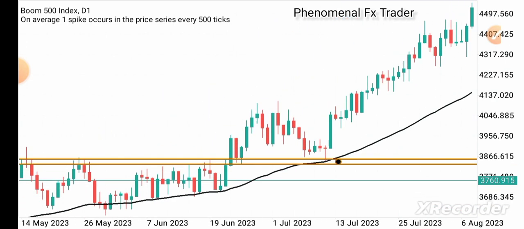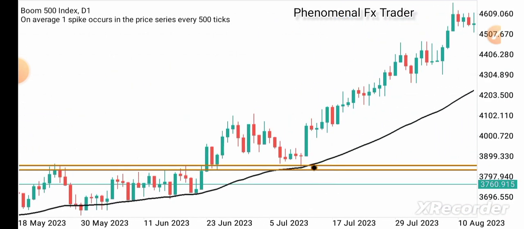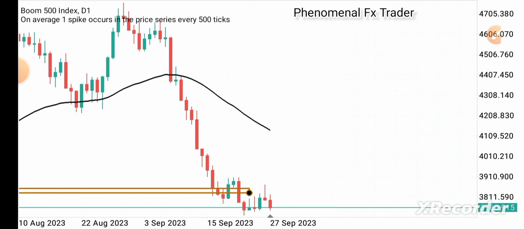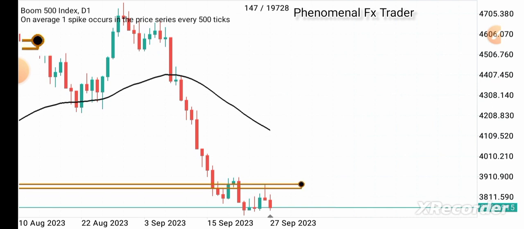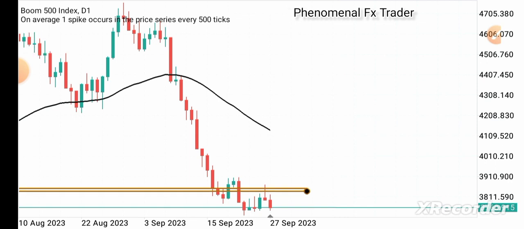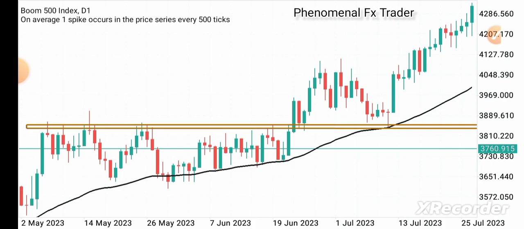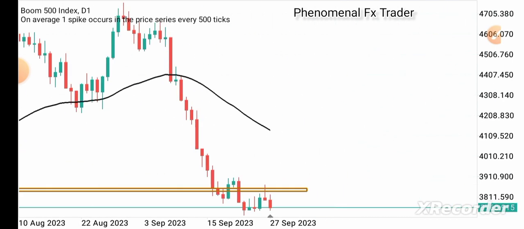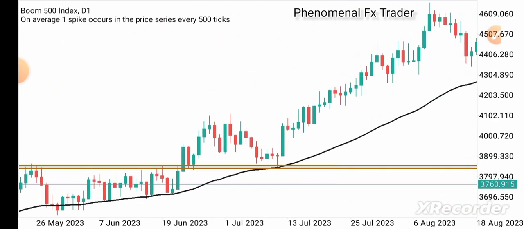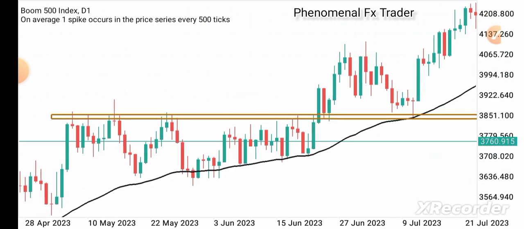I think I've made that line a little bigger. Let me confirm it. Okay, that's correct. All right, so if you look at this now, since this is a key level, price will always react on getting to it.